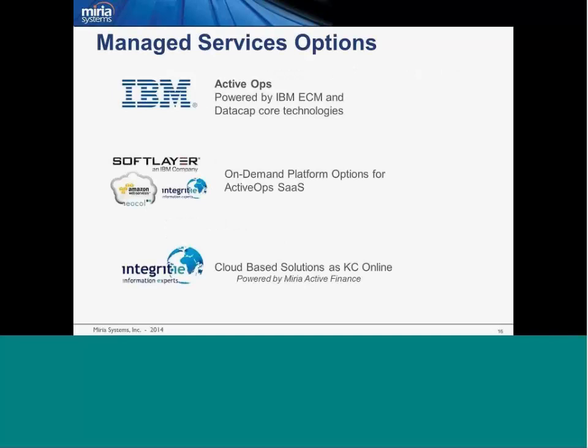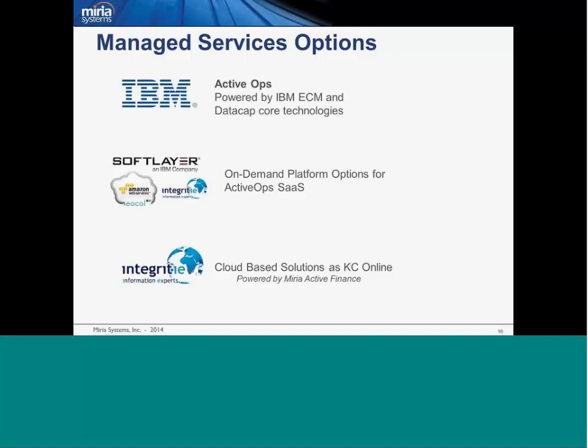I've mentioned a couple times that the new solution and platform is available both as a hosted option and on-premise. And on the hosted option, we can offer it through Amazon Web Services if that's part of your corporate strategy to move things into Amazon. We also offer it through IBM directly on the IBM software hosting model.